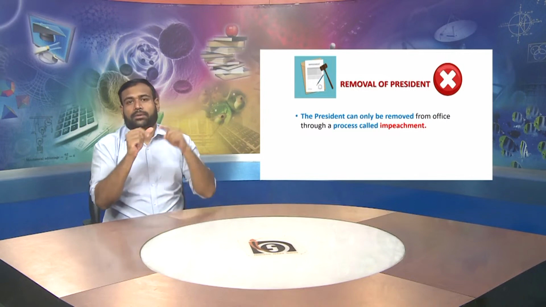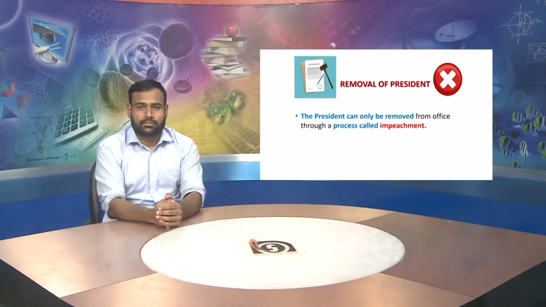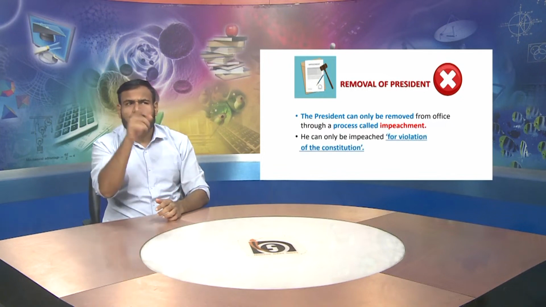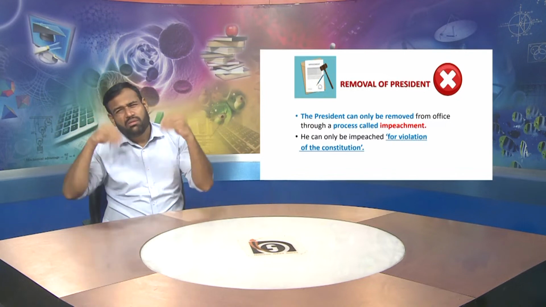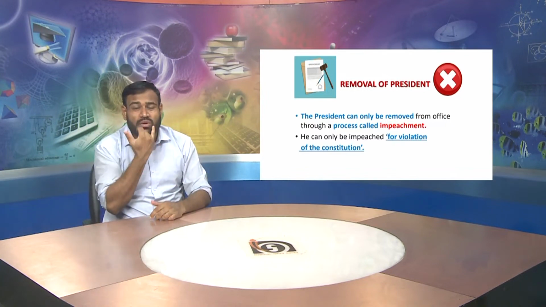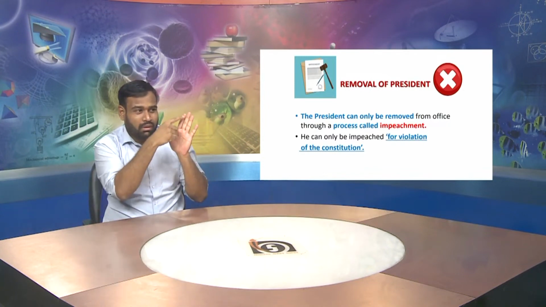Impeachment is the only process through which a president can be removed. He can only be impeached for violation of the Constitution. So the only reason could be the violation of the Constitution.